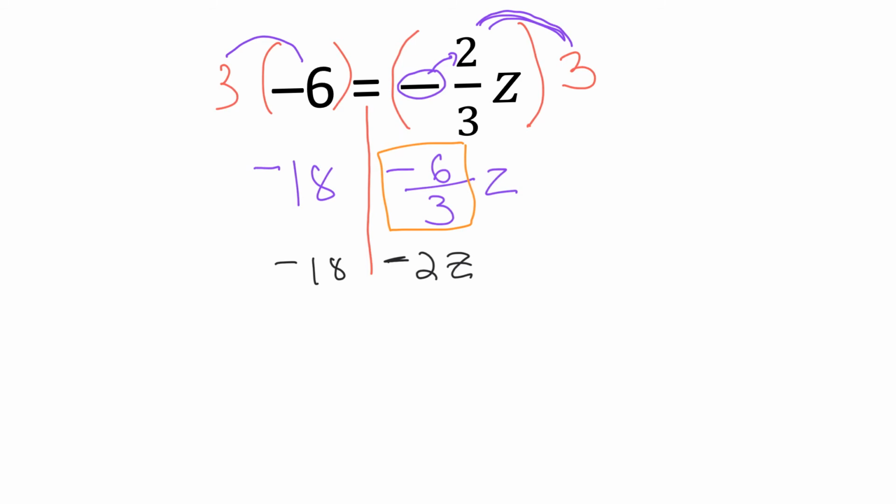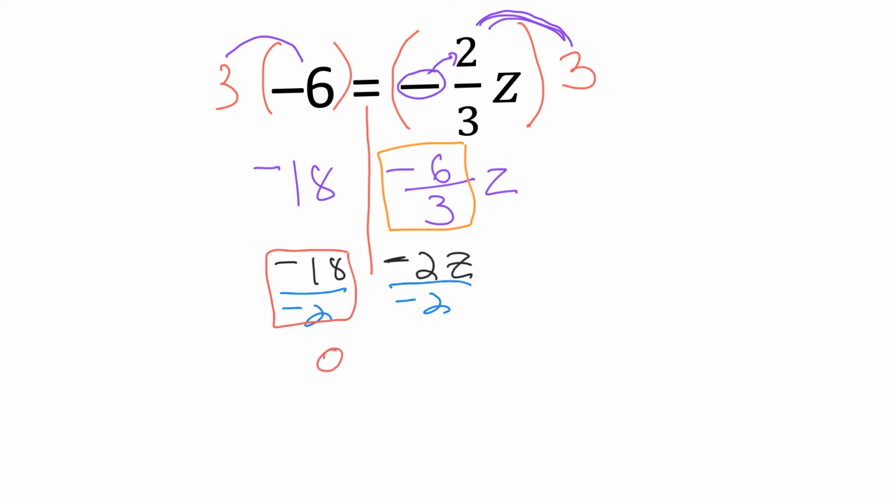And finally, you want to get the variable by itself. So the negative 2 is multiplying the z. There's nothing in between, so that by default is multiplication. So we are going to do the opposite, divide by negative 2. And I divide the other side by a negative 2. So negative 18 divided by negative 2 will be positive 9.